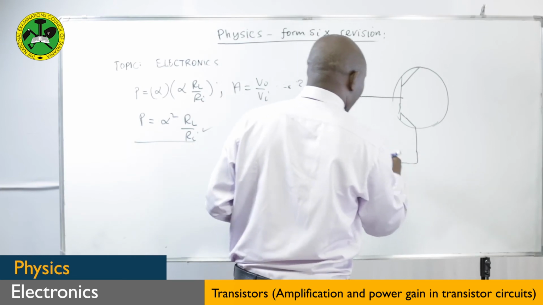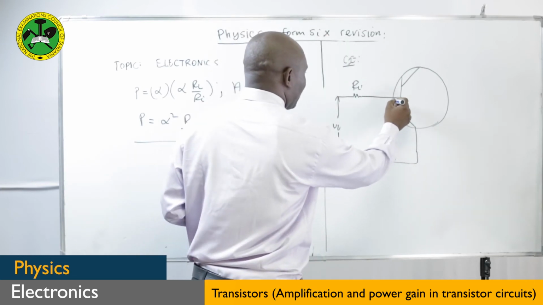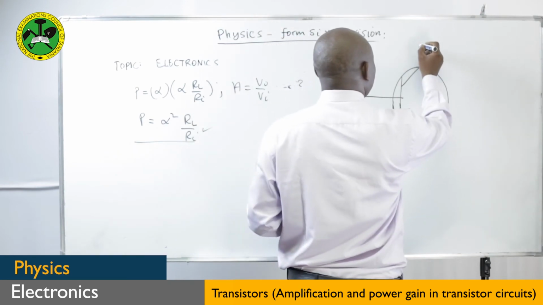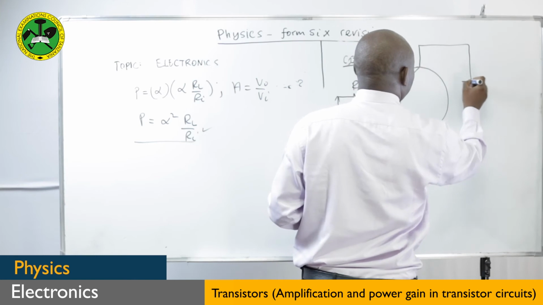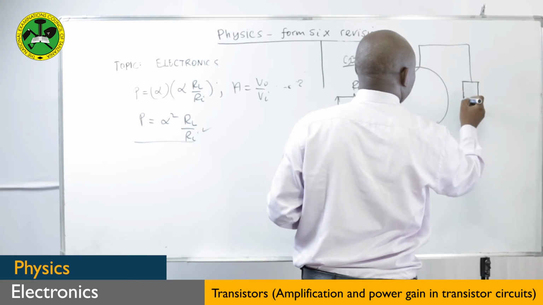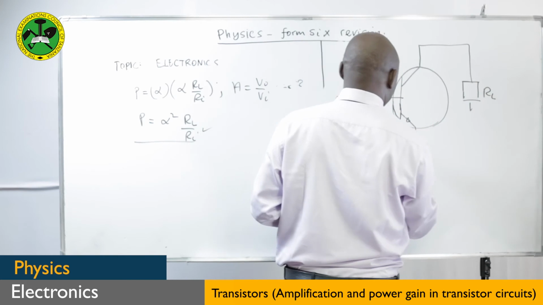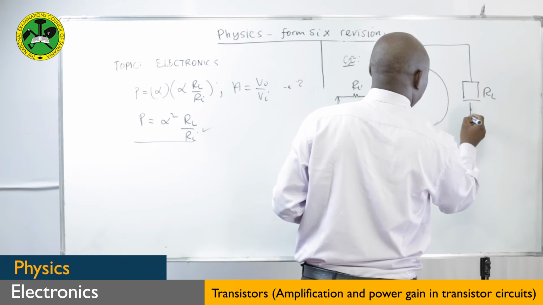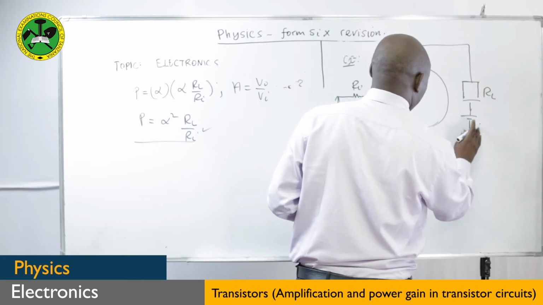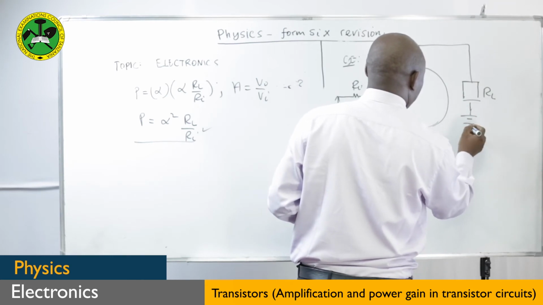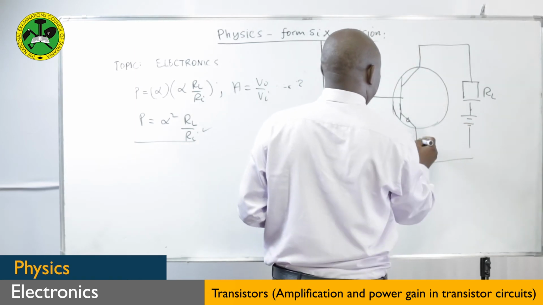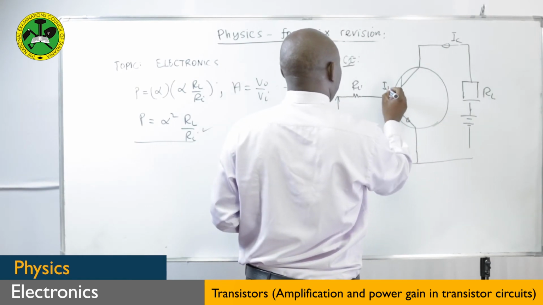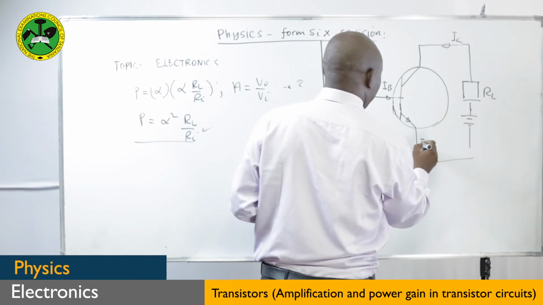Under normal application of the bias voltage, we have the load resistance applied here. This is our IC, this is our IB, and this is our IE.